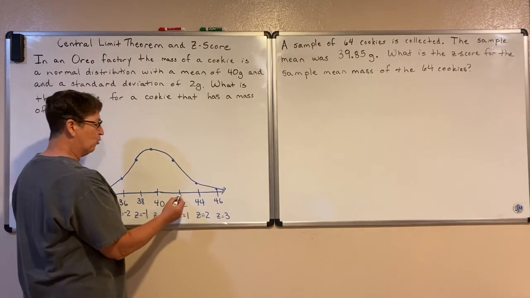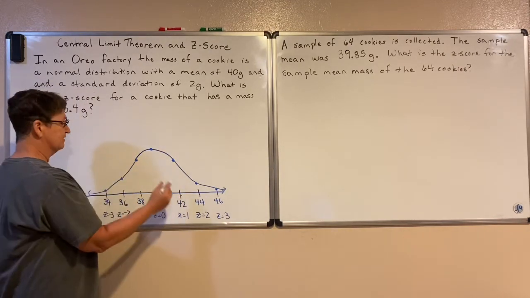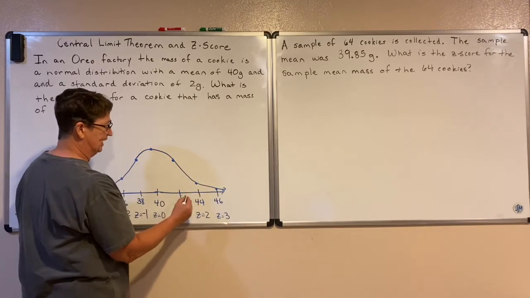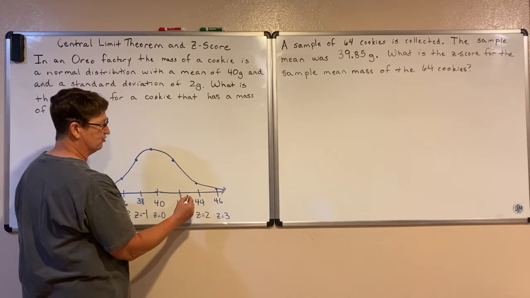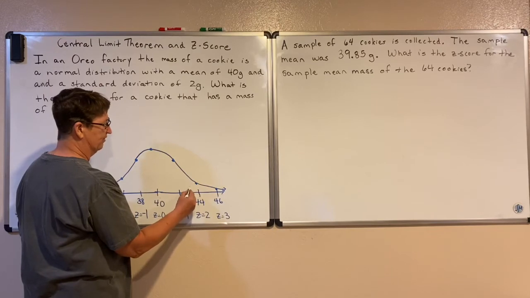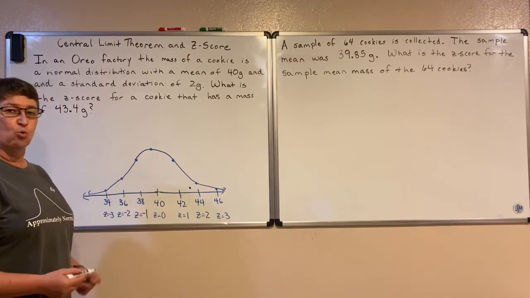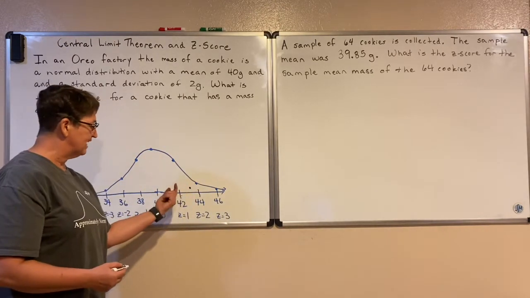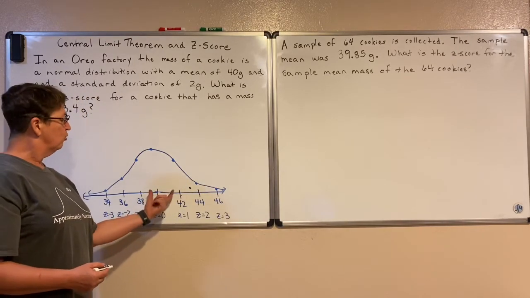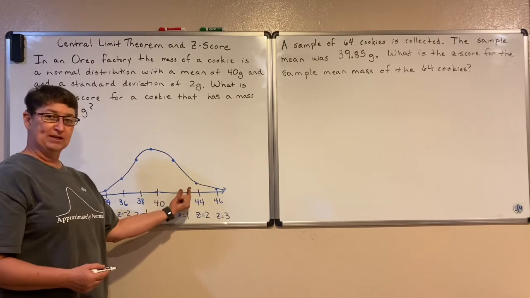Well, if I were to look on here, I can see that 43.4 would be somewhere in between here. 43 should be halfway, 0.4 a little bit over. So this is a data value that's somewhere in there. And I want to know, what's that z-score? How many standard deviations away from my mean is that? Well, it's 1 and a little bit.